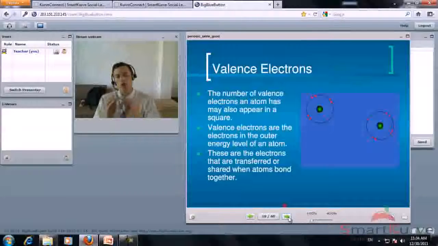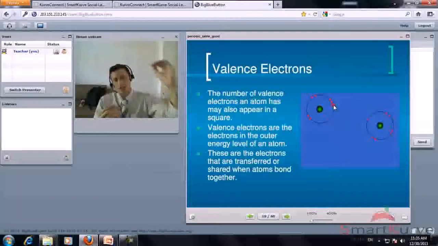Now, the protons and the neutrons are together in the nucleus. That's that green circle here in the illustration on slide 18. So most of the mass of an atom is in this tiny, tiny nucleus. And then the electrons are actually moving around the nucleus in these different orbitals.